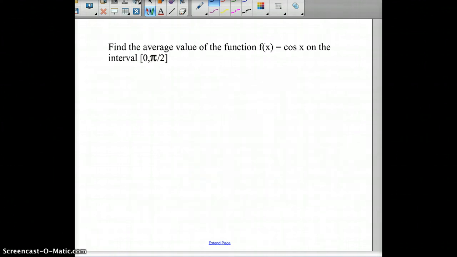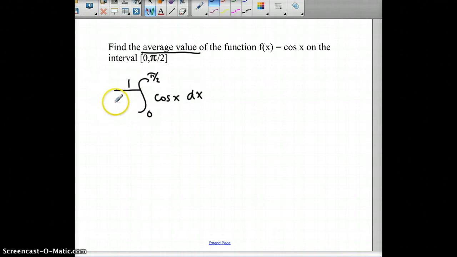So let's do an example of that. Find the average value of the function cosine on the interval from 0 to pi over 2. So average value, I know I'm going to do the integral from 0 to pi over 2 of cosine of x, but multiply that times 1 over b minus a. And b is pi over 2, and 0 is a.